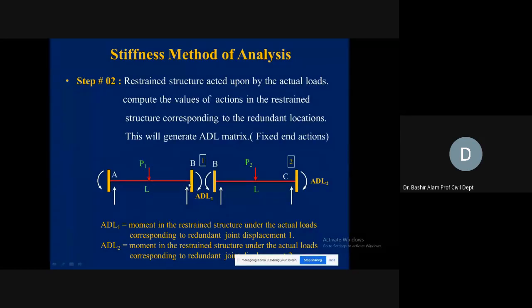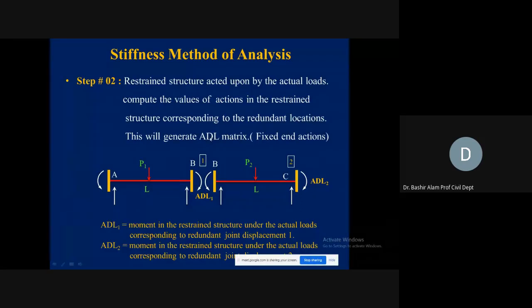Now, because of this fixity at B and at C, you will be having actions, and those corresponding actions will give you your ADL matrix corresponding to the redundant locations. Now, this will generate the ADL matrix, and this A is from the actions.